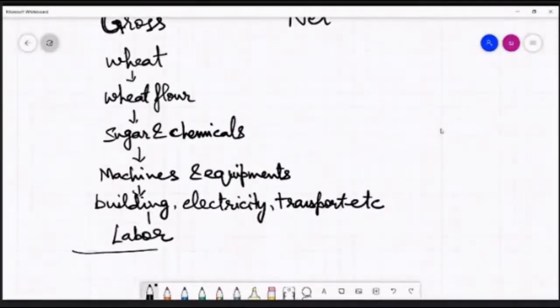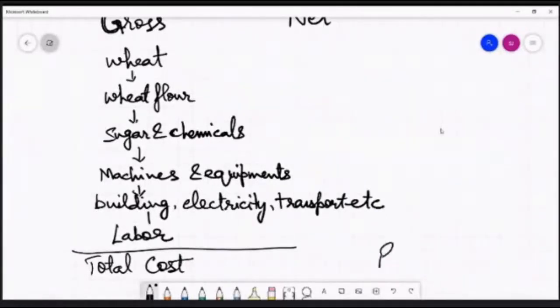But this total cost is not the final value. In terms of final value, what we will do is that now this is the total cost, and then there will be a price which you have fixed for bread.